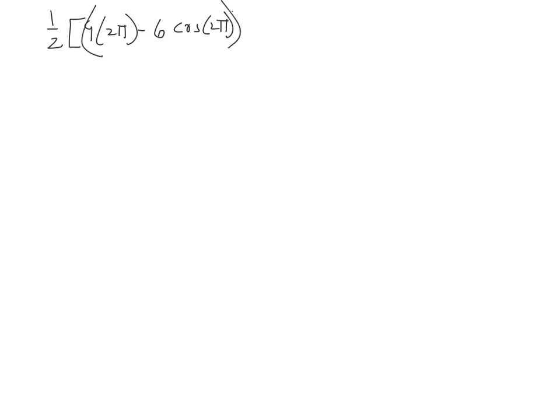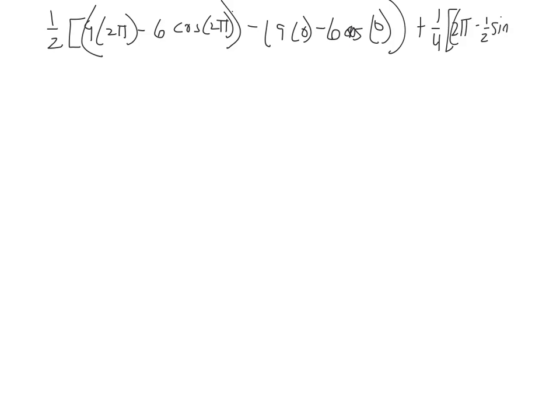I need another set of parentheses around that whole thing, minus 9 times 0 minus 6 cosine, oops, that's supposed to look like a cosine, of 0, plus 1/4 of 2 pi minus 1/2 sine 2 times 2 pi, so 4 pi, minus 0, minus 1/2 sine 2 times 0.